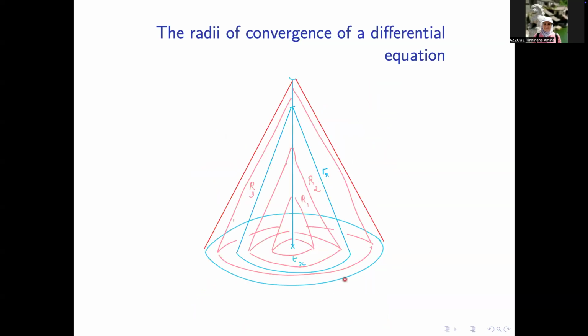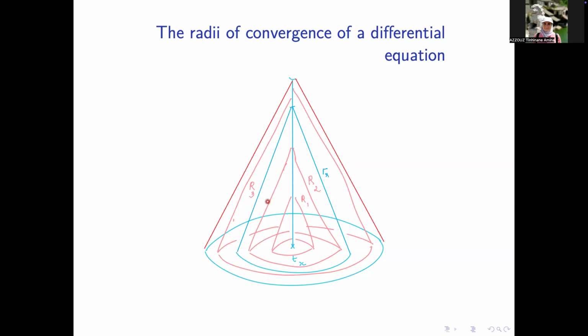Then when I look at the solution around X, there are two kinds of radius of convergence. In the first kind, I just look at where the solution converges only on the blue disk, and this kind of radius of convergence we call the spectral one. And there is the other situation where I look at the solution on the whole disk to which my point belongs.